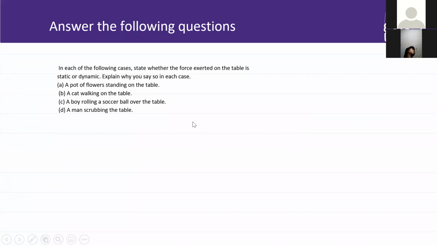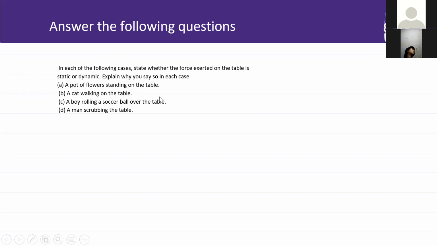Okay, now that you understand the difference between static and dynamic force, in each of the following cases, state whether the force exerted on the table is static or dynamic. Explain why you say so in each case.